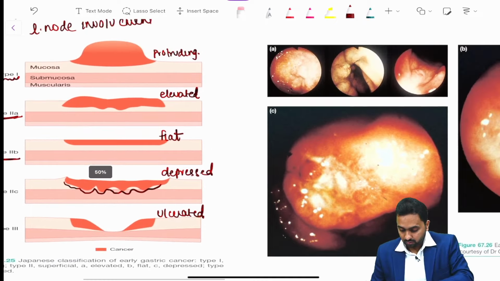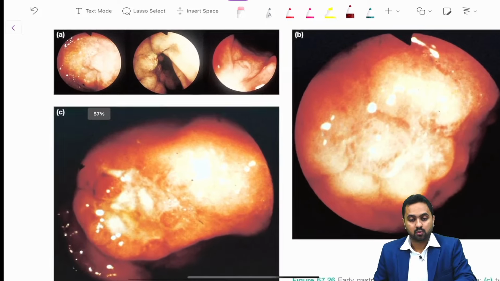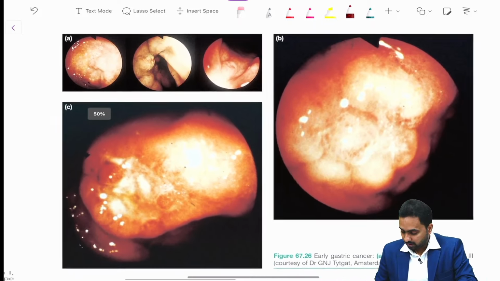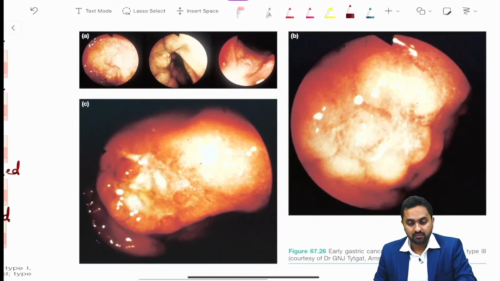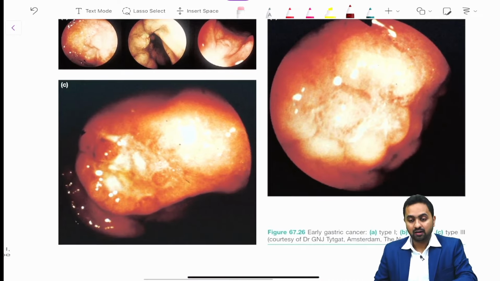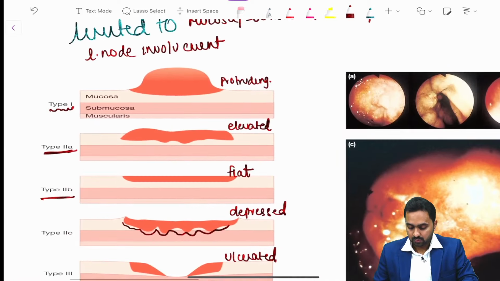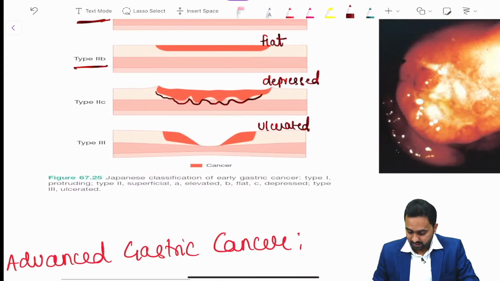Looking over here, in type 1 you find a protruding mass. Then type 2A is superficially elevated, and type 3, which we have over here, is an ulcerated mass.